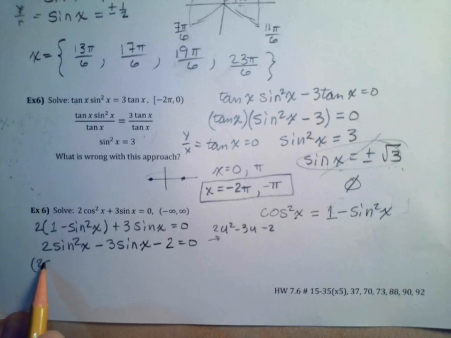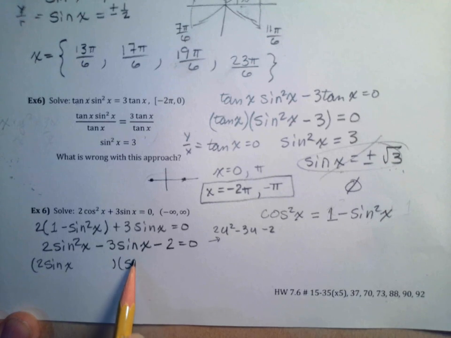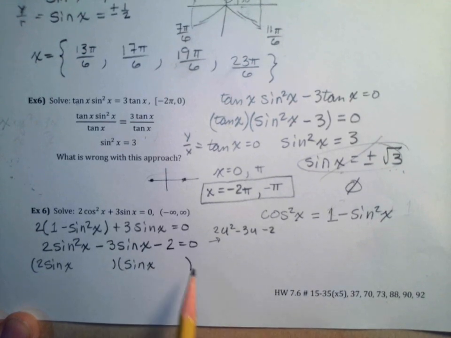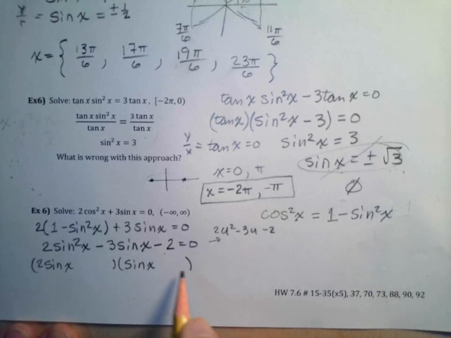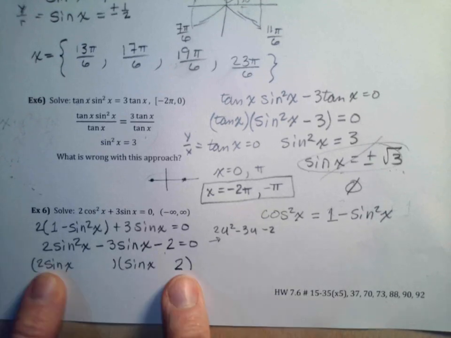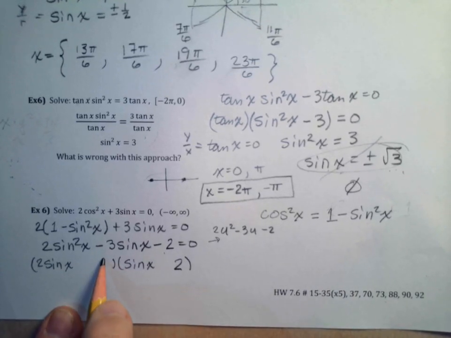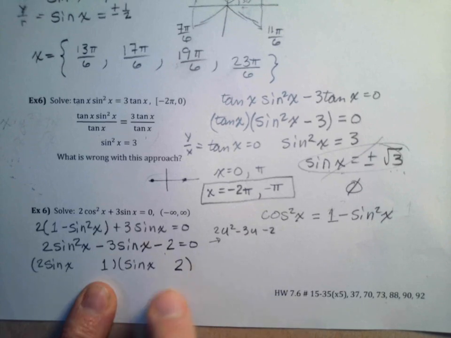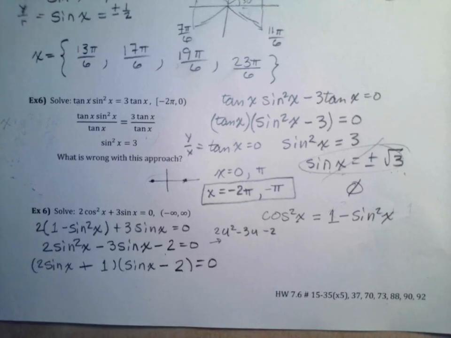All right, so we're going to have 2 sine x and a sine x. And we have 2, so one's going to be a 2, one's going to be a 1. I think I want the 2 to multiply the 2, so we'll put the 2 here. That'll give me 4 sine x. And if I put a 1 here, that'll give me 1 sine x. The difference is 3. So we want this to be negative and this to be positive. And that is, of course, equal to 0.